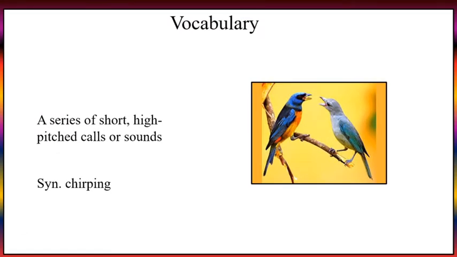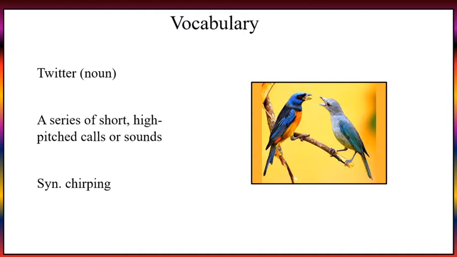Next one is, you see a picture where you see two birds talking or singing. They are chirping, a series of short high-pitched calls or sounds. What do we call them? We call them twittering. Twittering means a series of short, high-pitched calls or sounds.